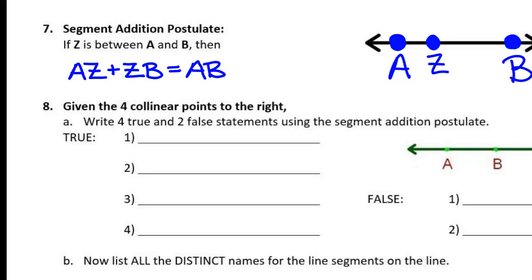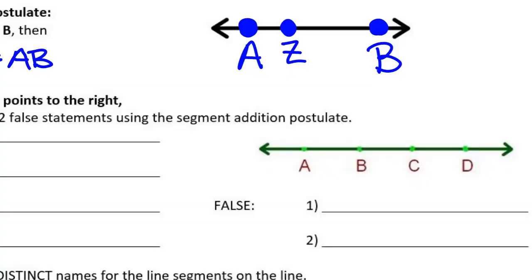All right. We're going to write 4 true and 2 false statements using this line right here. And it can be a little bit hard to see where those points are. Point A is here, and then B, C, and D.